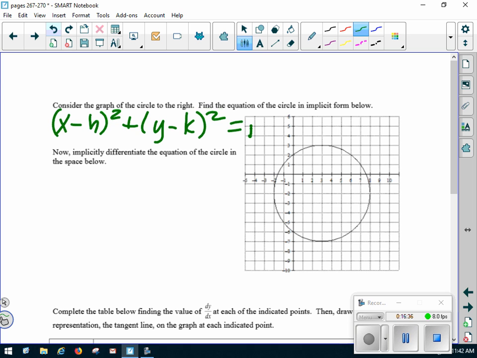You remember that formula? From geometry? Yes, you're going to need to know this. Let's go. What's the center? How'd you figure out that the center was (3, -2)? Eyeballed it.